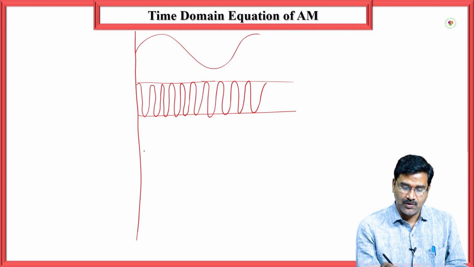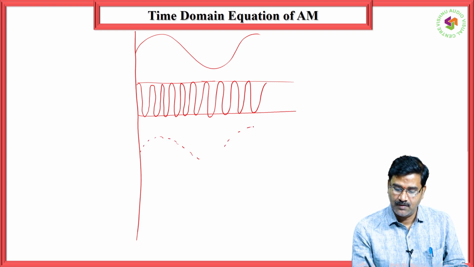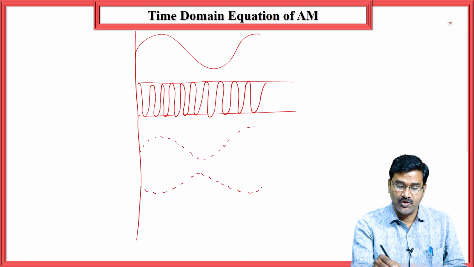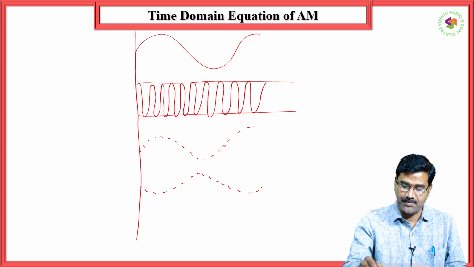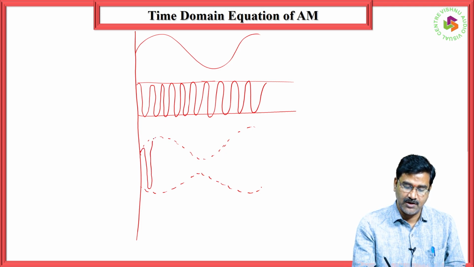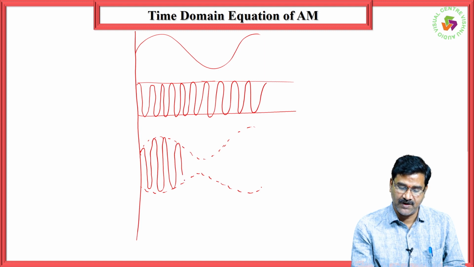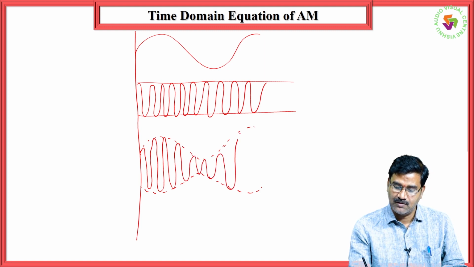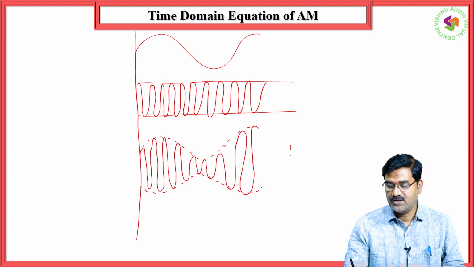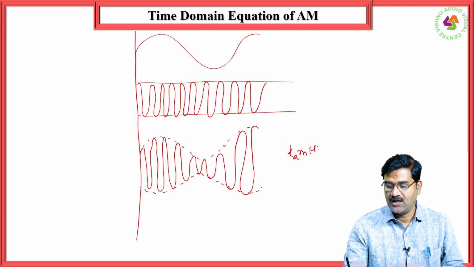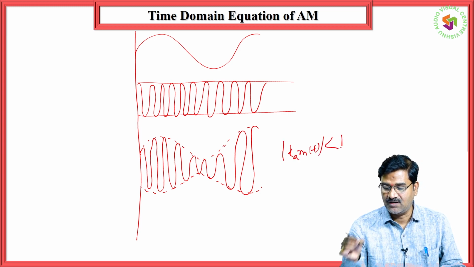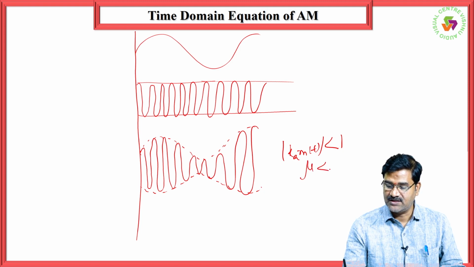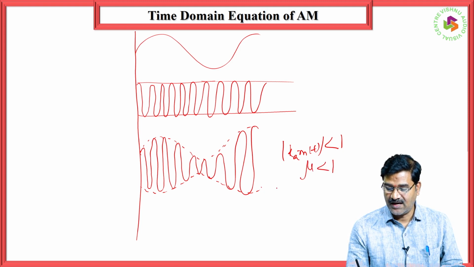Now your modulated signal will be like this. This is the modulated signal, that is, I am drawing the envelope here. So inside it you will have the carrier of the same frequency. Here always |Km(t)| must be less than 1. This is the mu less than 1 case, right? We call this under modulation.